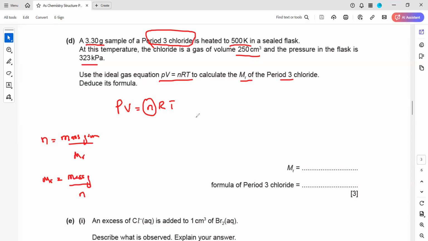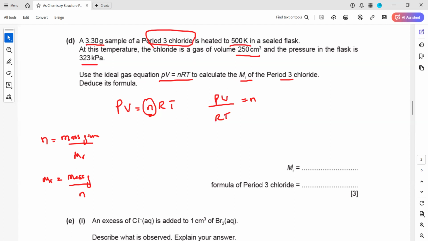So we use the formula PV equals nRT, where P is the pressure. If n is our subject, it will be PV divided by RT equals n, where P is the pressure, V is the volume of the gas.